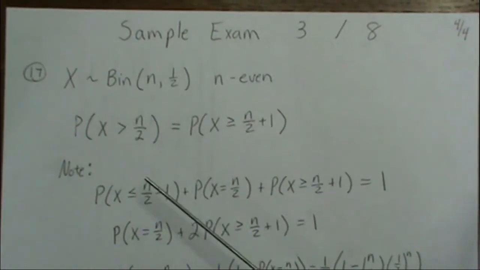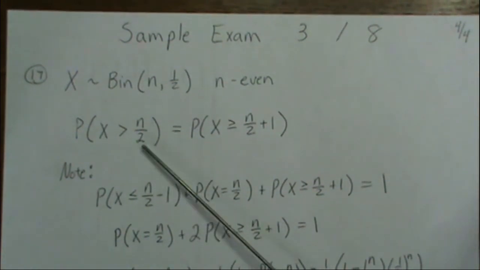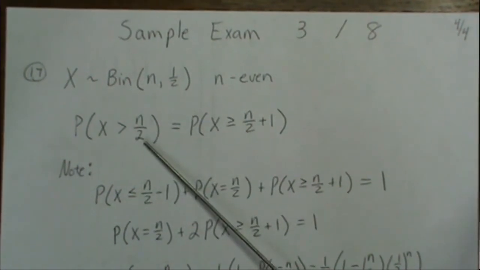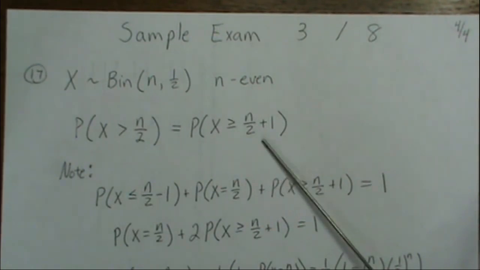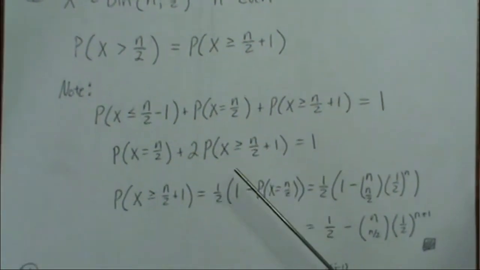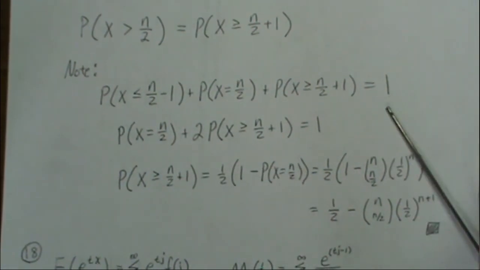So the probability that the number of heads exceeds the number of tails is that X has to be greater than n/2. To be strictly greater than n/2, we have to add 1, so X is greater than or equal to n/2 plus 1. But one note is that the whole region has to add to 1.